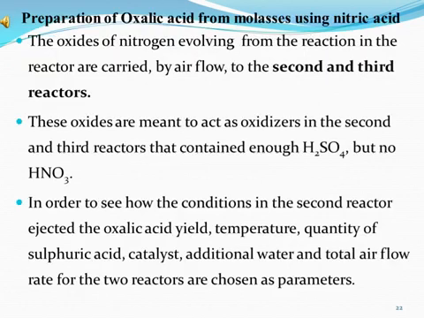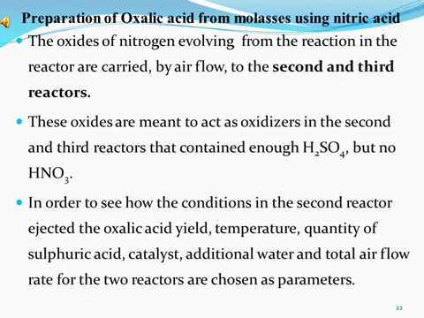The oxides of nitrogen evolving from the reaction in the reactor are carried by airflow to the second and third reactor. These oxides are meant to act as exciters in the second and third reactors that contain enough hydrogen sulfate but no nitric acid.